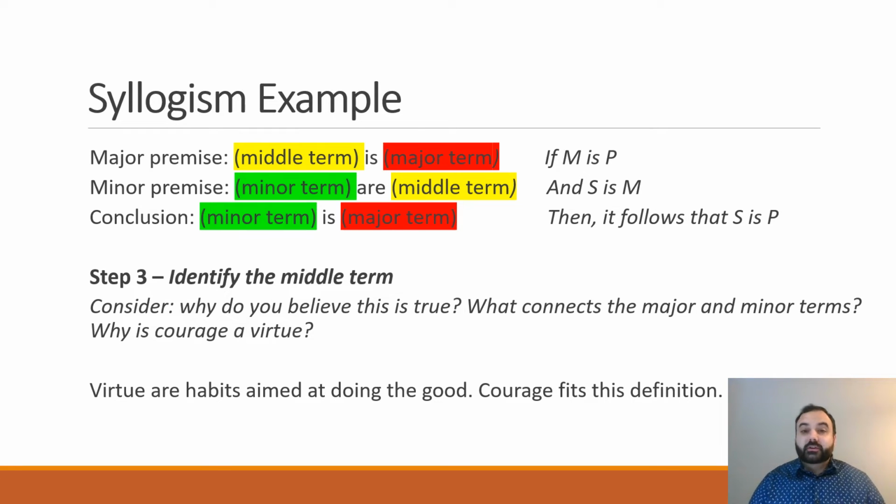This is where it gets a little tricky. You have to think of, well, why do I think this conclusion is true? If you're struggling to figure out what middle term to use, think, well, why do I think the conclusion is true? Remember, a syllogism is trying to explain through deductive reasoning why a conclusion is true. Think of it as like a math problem where you have to show your work. It's not enough to simply say, 13 is the answer.